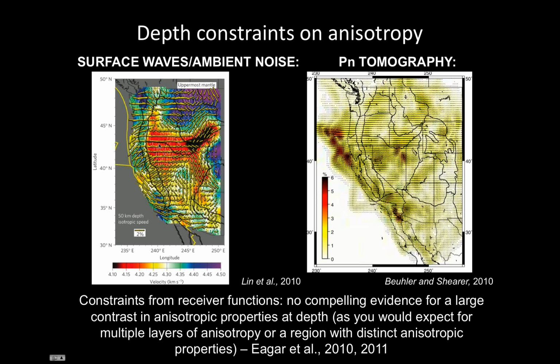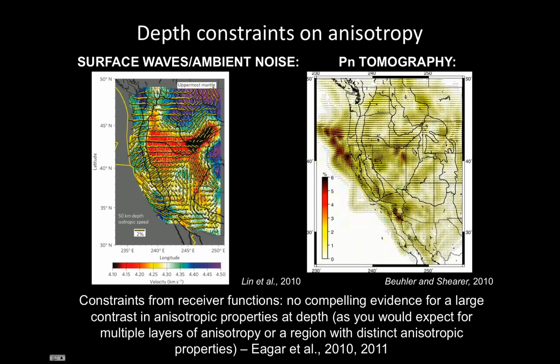They do see pretty strong east-west fast directions, with fairly strong anisotropy beneath the HLP. They don't really see evidence for spatial variations in the strength of that anisotropy, at least in the uppermost mantle. This is a slice through their model at 50 kilometers. Another type of data that is sensitive really only to the very uppermost mantle is Pn data, and this is a Pn tomographic model by Buehler and Shearer that includes azimuthal anisotropy.